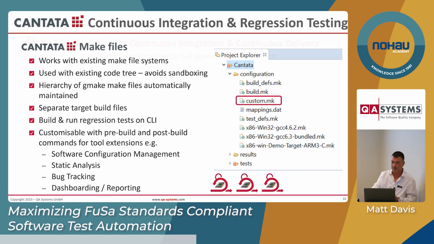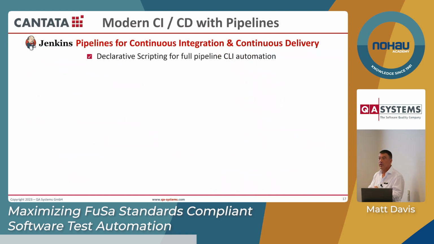Lots of possibilities. In terms of continuous running and building, most people adopt Jenkins. Some people do Bamboo, but it's a tiny proportion of the market. The main thing around Jenkins is the shift to pipelines. So declarative scripting is used for full pipeline automation.